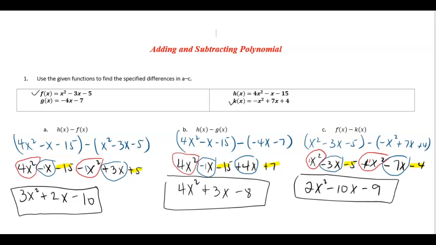And the difference between adding and subtracting, when you're subtracting the polynomial, the negative sign has an impact on the second polynomial. Okay, so it will change every sign of the second polynomial. So keep that in mind. Okay, so besides that, it's just like adding numbers.